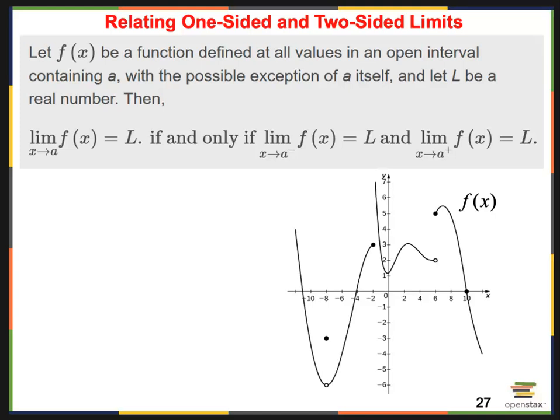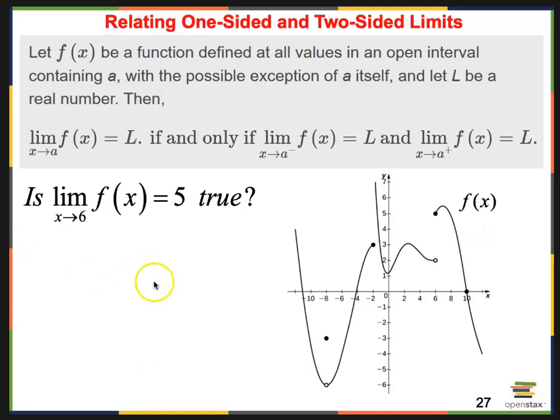Then, the limit of f of x as x approaches a equals L, if and only if the limit of f of x as x approaches a from the left is L, and the limit of the function as x approaches a from the right is L. So the left-handed limit and the right-handed limit have to be equal in order for the limit to exist.